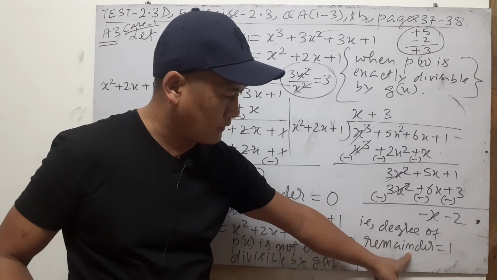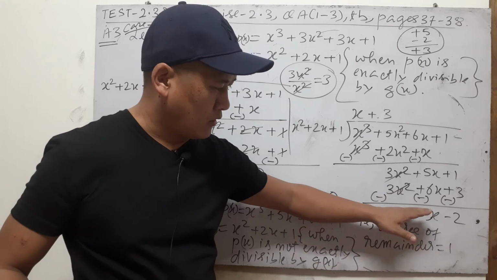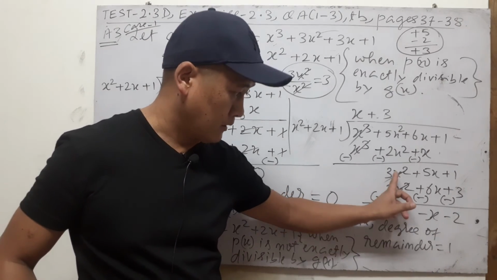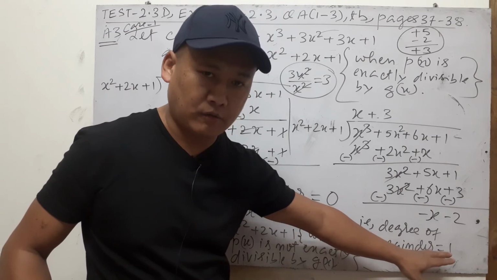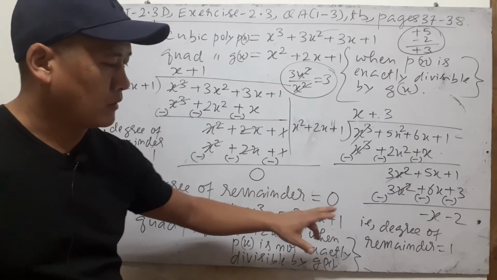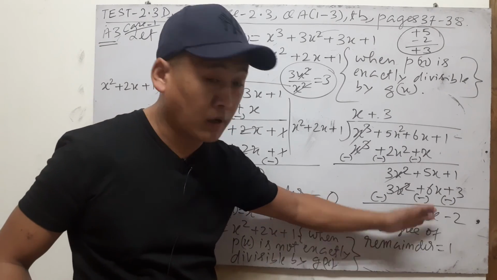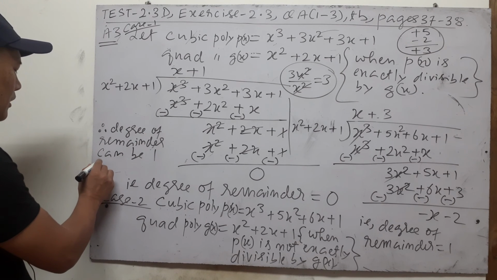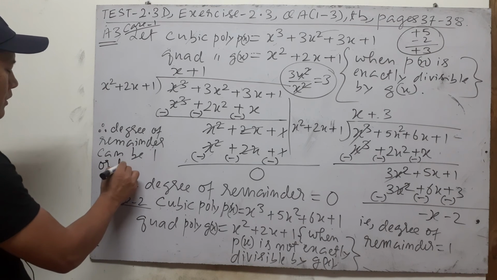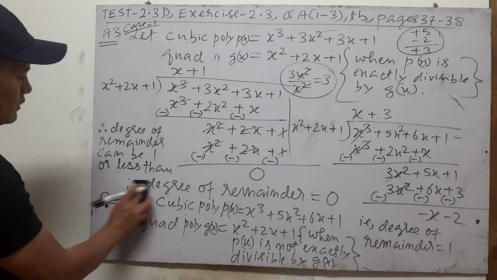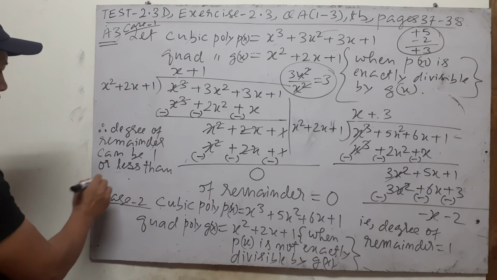When a cubic polynomial is not exactly divisible by a quadratic polynomial, the remainder is going to have degree 1 all the time. And when it is exactly divisible, it is 0. So it will not go beyond 1. So the degree of the remainder can be 1 or less than 1. So it can be equal to 1 or less than 1.